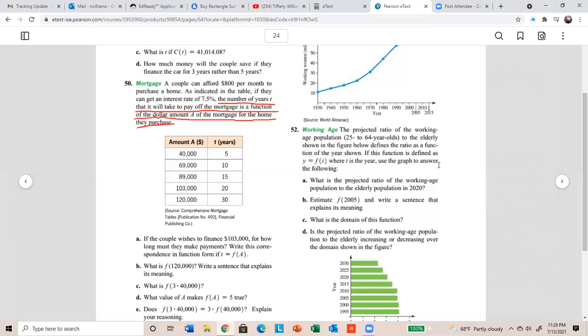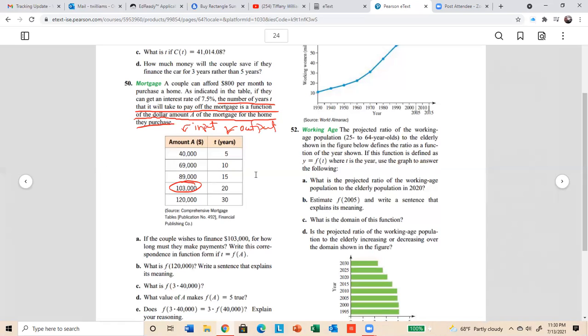So what they're telling me here is that T is my output, and my input is going to be the A value. So as long as you remember that wording, you can figure out what your input and output are very easily. So if the couple wishes to finance $103,000, so that's right here, how long will they have to make payments?